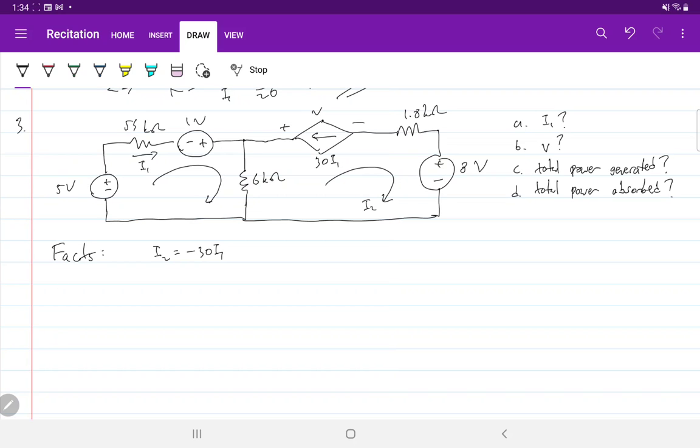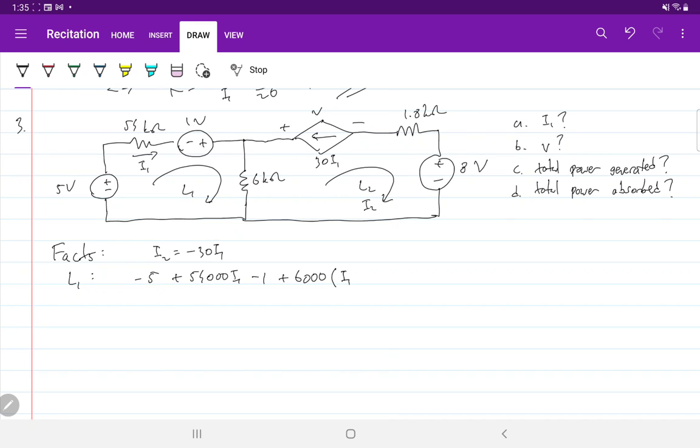From the first loop, L1, we have minus 5, plus 54k, so 54,000 I1, minus 1, plus 6k times the current there.